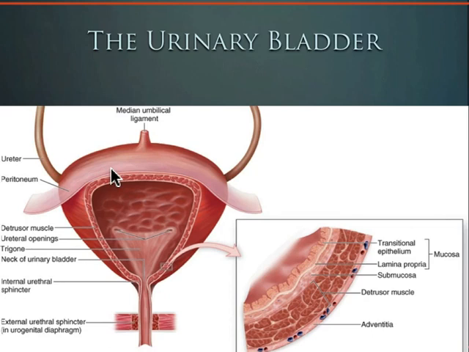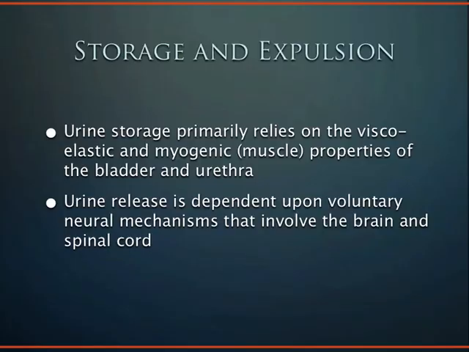It's called the detrusor, and it's made up of the smooth muscle that you can see here. Basically it responds to the impulses of the autonomic nervous system and actually involuntarily contracts. And so the method in which the urine is stored and then eventually expelled involves a complex extrinsic neural regulation mechanism.